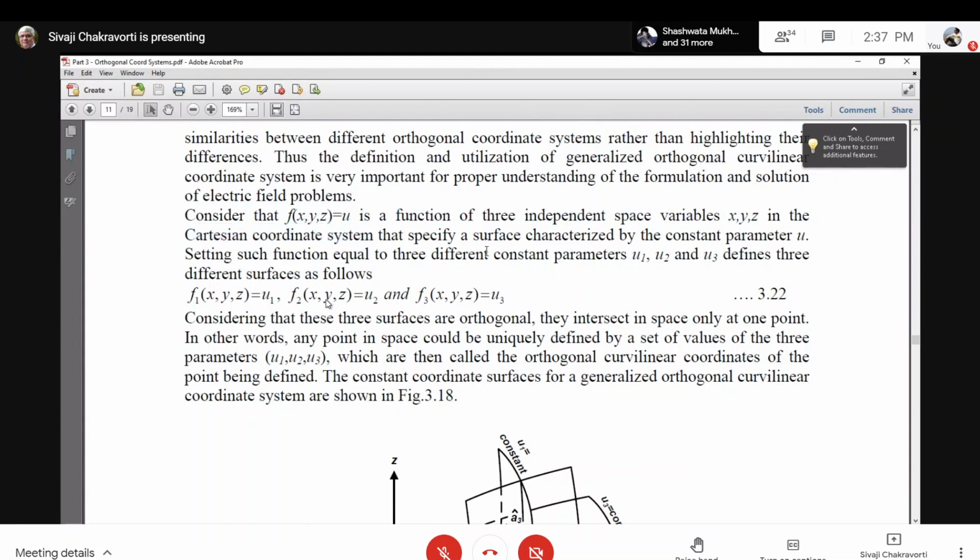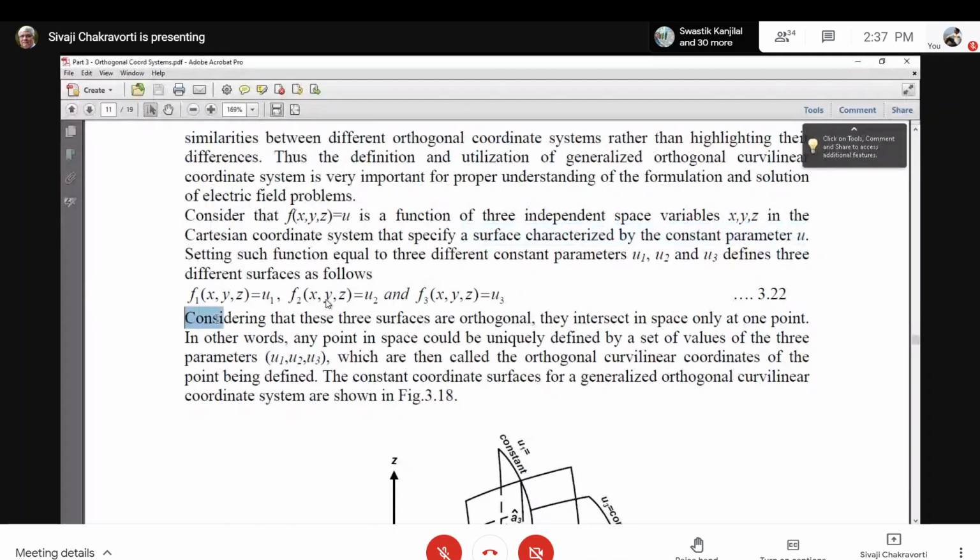And a surface is characterized by the constant parameter u. That means if u is constant, I will get a surface. So putting this constant parameter u differently, in equation 3.22, u1, u2 and u3, these three constants, we are saying that then we have three surfaces.